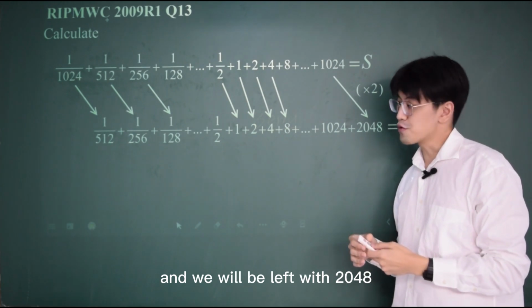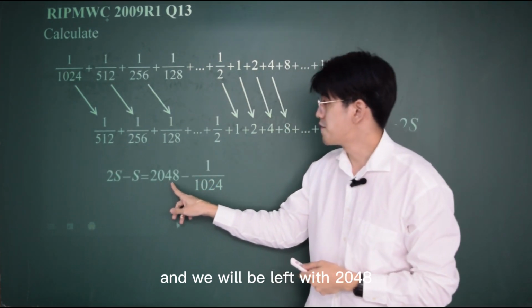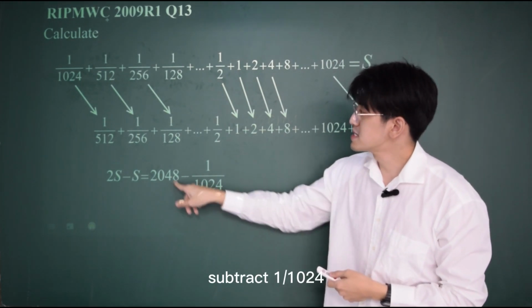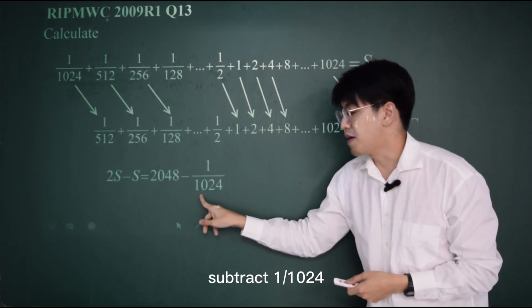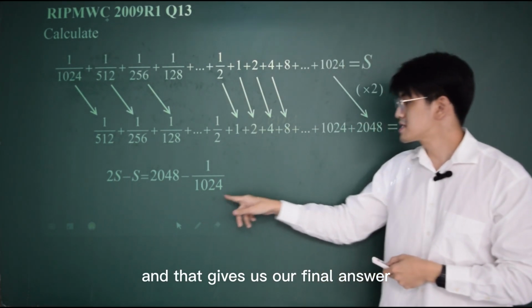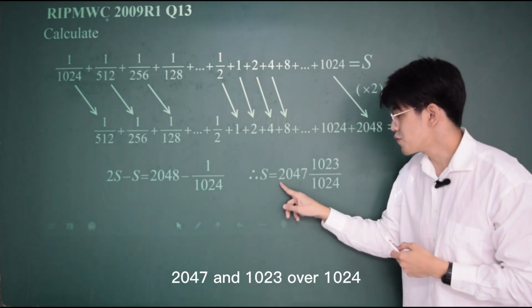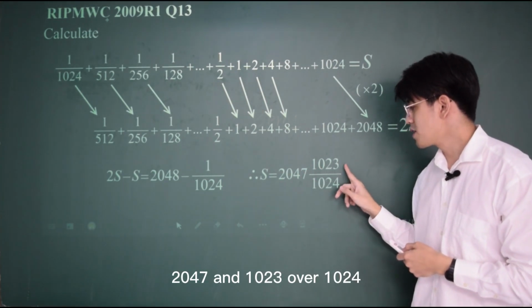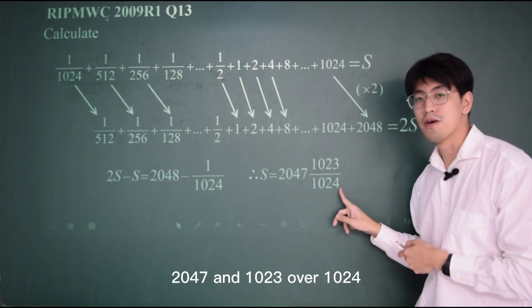And we would be left with 2048, the non-overlapping number, subtract 1 over 1024. And that gives us our final answer, 2047 and 1023 over 1024.